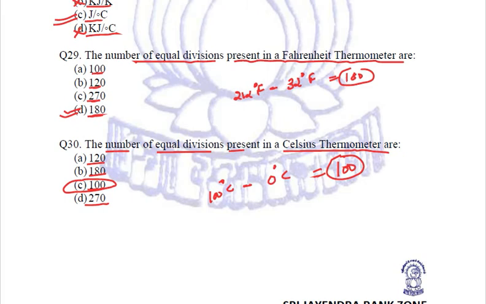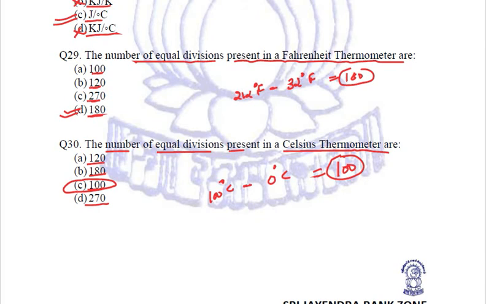I keep on saying that it is one of the most important relations in this chapter, the relation between the various temperature scales, Celsius, Fahrenheit, Reaumur and Kelvin. Especially the temperature on Celsius and Fahrenheit, you have seen 4 or 5 questions, right? Then you need to remember the formula for thermal capacity, that is the thermal heat, the formula for specific heat, the formula for latent heat, as well as the formula for relative humidity.